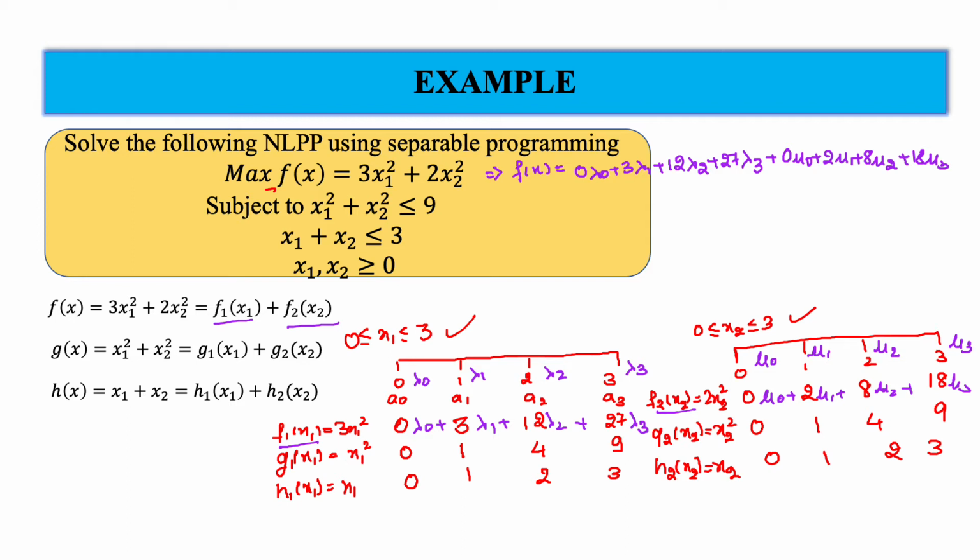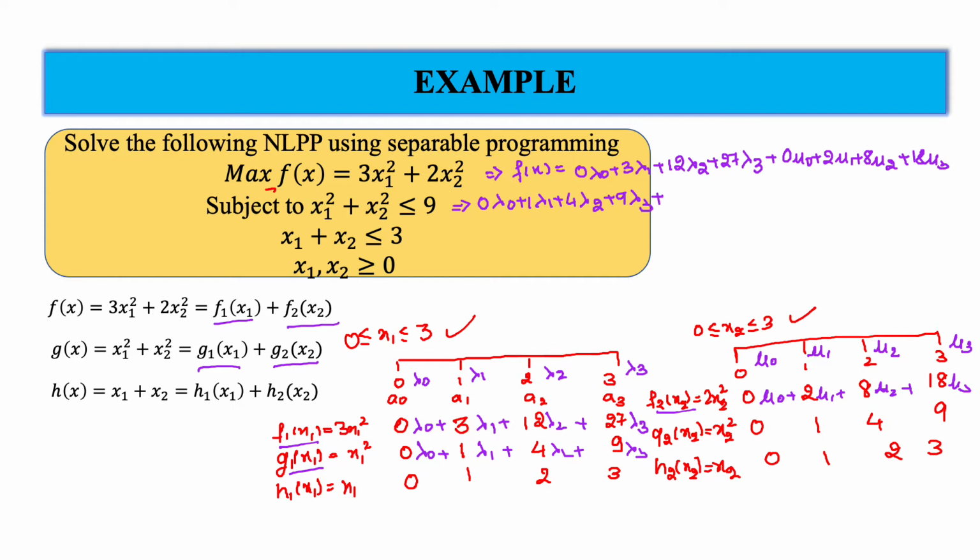Subject to the conditions involved. The first constraint involves the sum of g1 x1 and g2 x2. What is the linear approximation of g1 x1? 0 lambda naught plus 1 lambda 1 plus 4 lambda 2 plus 9 lambda 3.